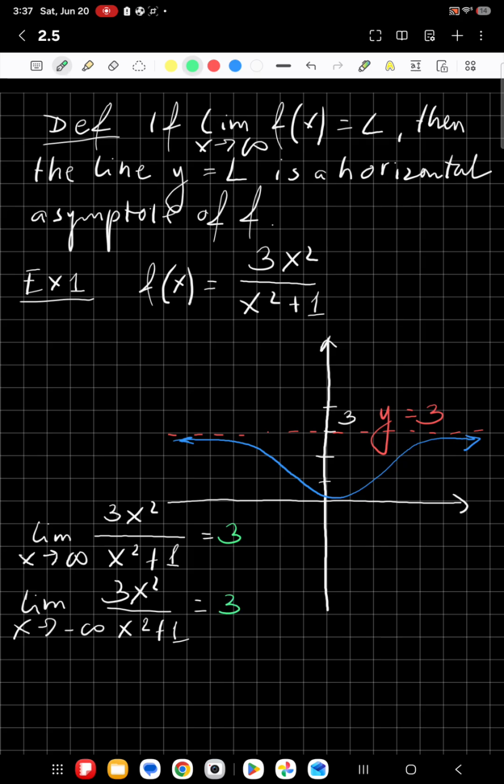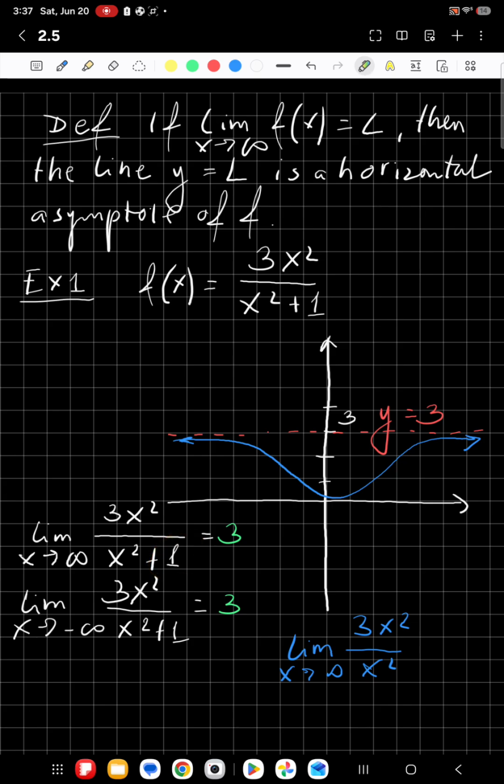So let me quickly explain, just to give you intuition of what's happening. If x is approaching infinity, when the numbers are really big, that plus 1 doesn't really matter. We could even just ignore that 1. So I'm doing the limit with x approaching infinity of 3x squared over x squared.